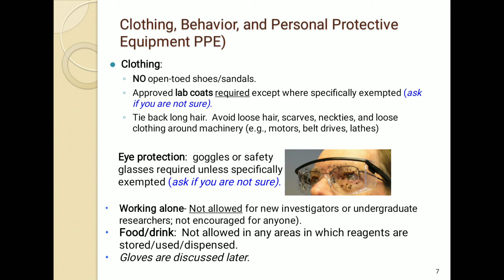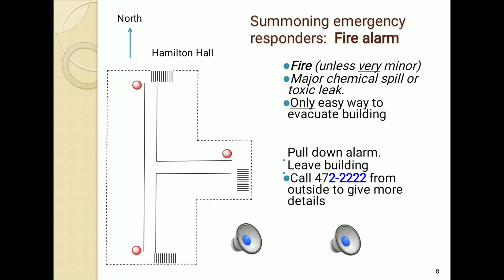Eye protection: goggles or safety glasses are required unless specifically excepted. Ask if you are not sure. Working alone is not allowed for new investigators or undergraduate researchers, and not encouraged for anyone. Food or drink is not allowed in any areas in which reagents are stored, used or dispensed. Gloves are discussed later.